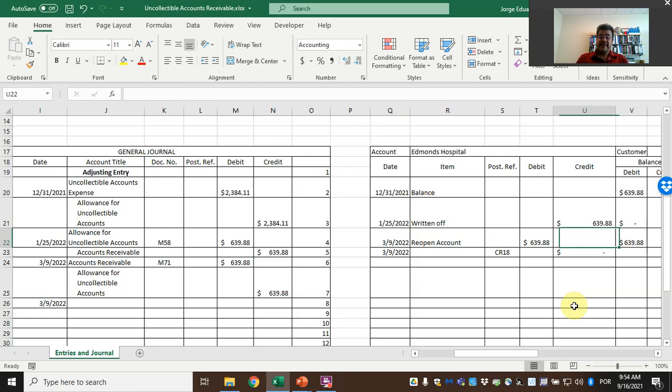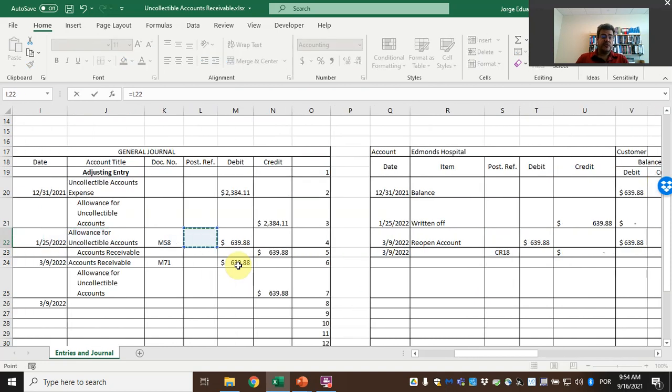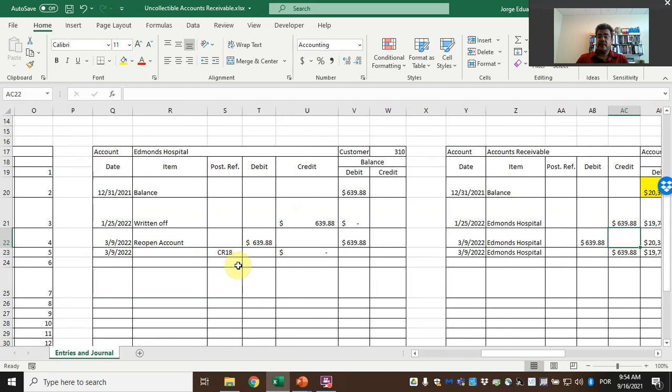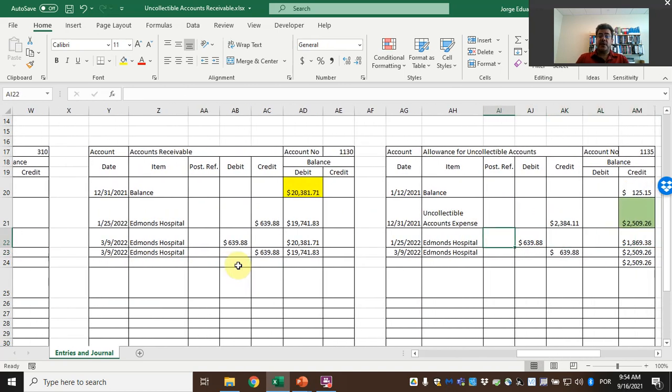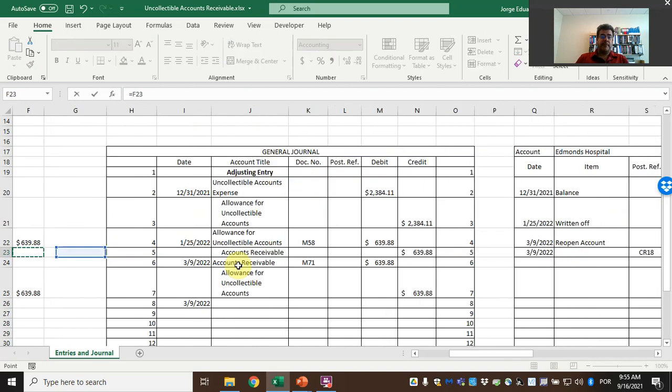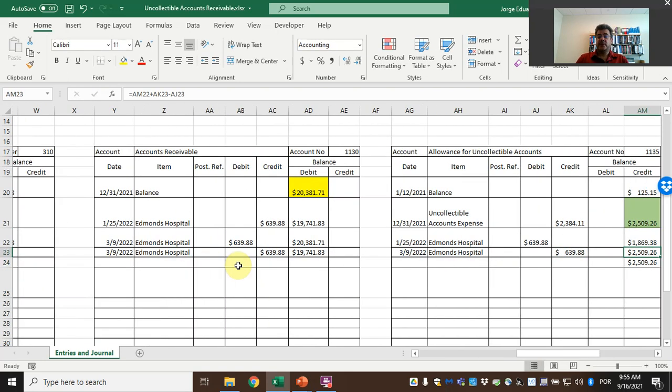So, okay. A debit of $639 to accounts receivable. On accounts receivable, we are moving this back to $639. And the allowance, we are moving the allowance back for Edmonds Hospital.